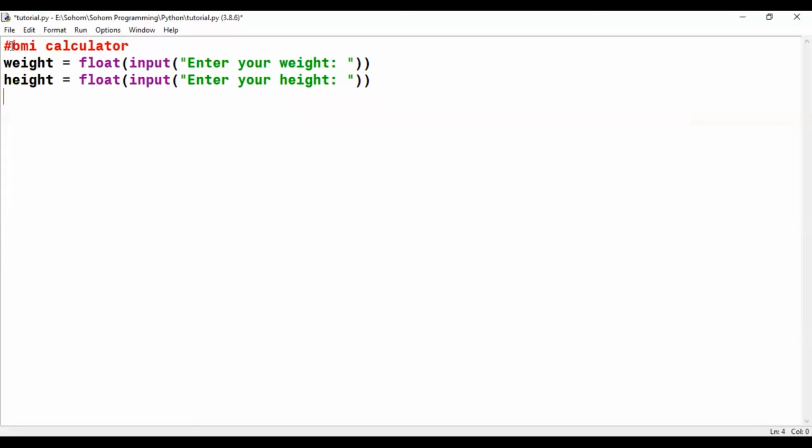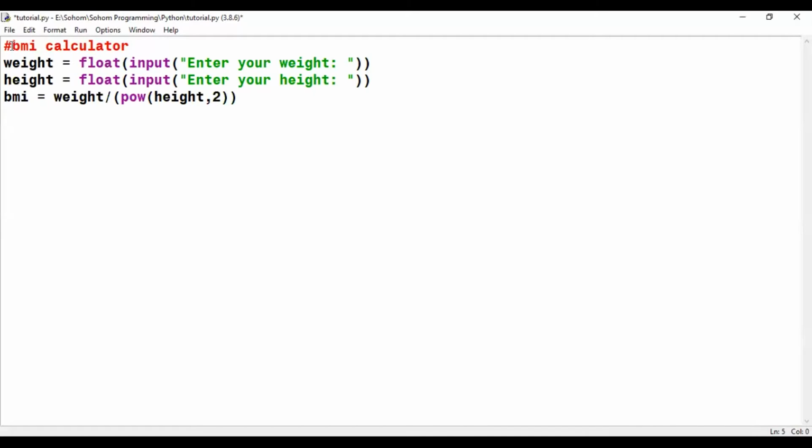And after that I'm going to write a variable and assign a value to it. The value will be weight divided by height square, or we can write square in another way, which we call power, in short form height and 2.